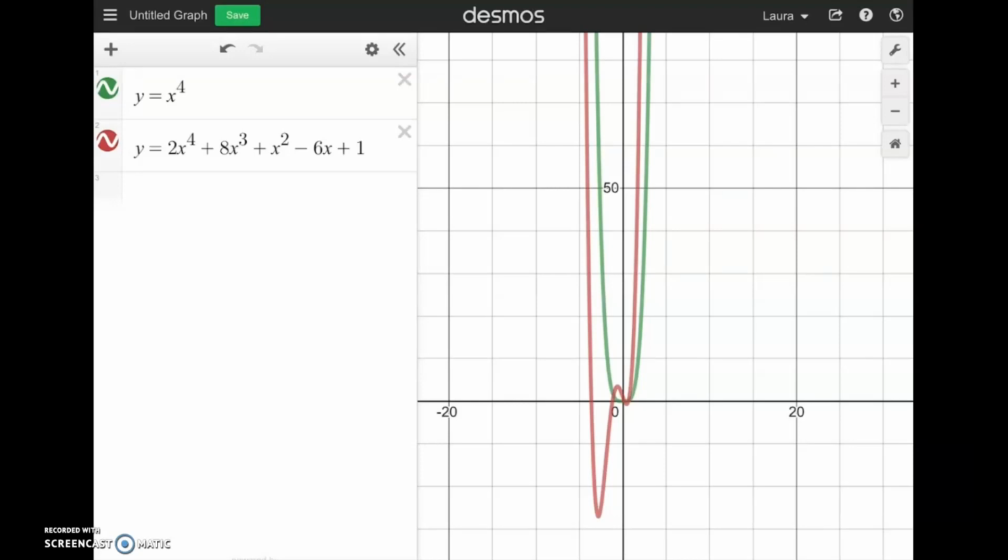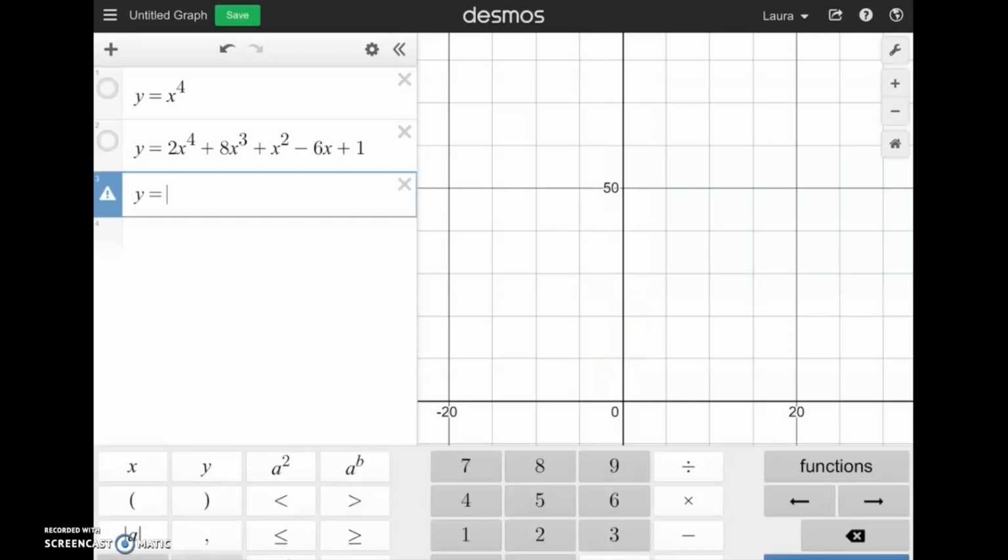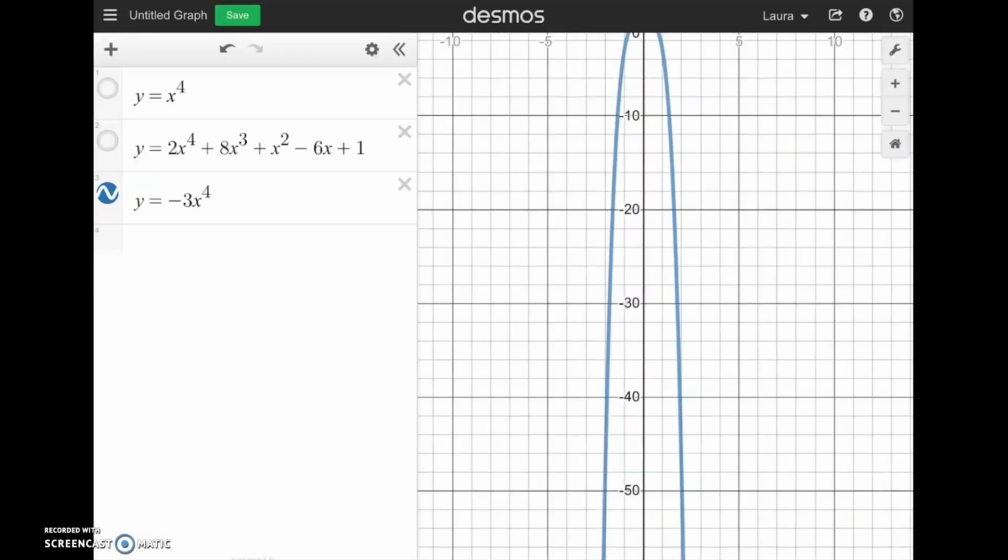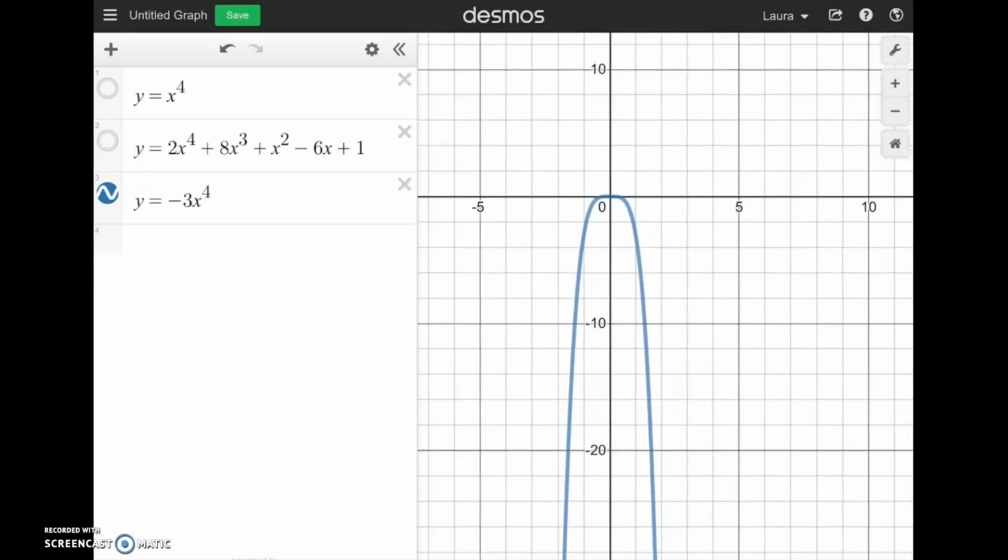In this green graph and this red graph, both ends are going up to positive infinity. Let's see if we can make one where both ends are going to negative infinity. So if we want to make a quartic equation where both ends are going to negative infinity, my guess is that it has to do with this lead coefficient. So I'm going to make a negative 3x to the 4th. And yeah, so both ends go off to negative infinity.